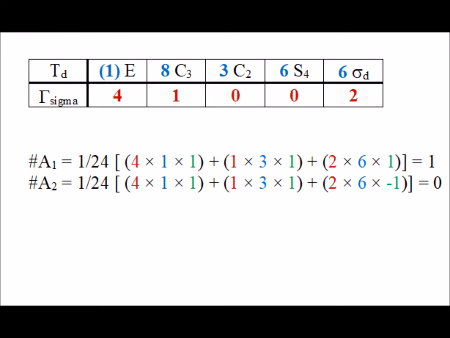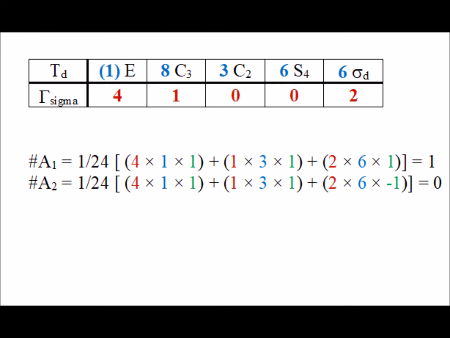Then we proceed to the second irreducible representation that we find in the character table for Td. So we always begin with 1 over 24, and then we have 4 times 1 times 1, because 1 is the character in the character table for the E operation in the irreducible representation A2.